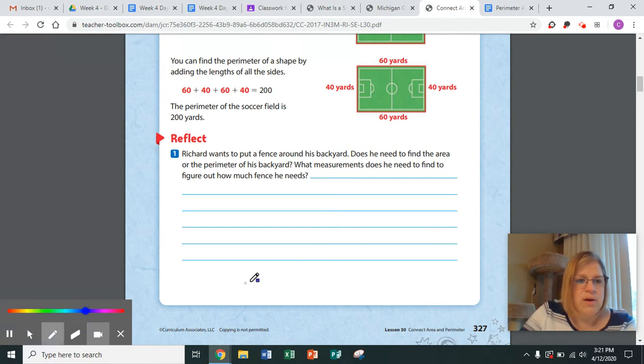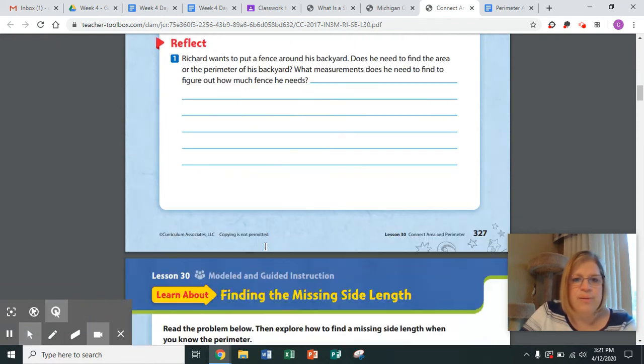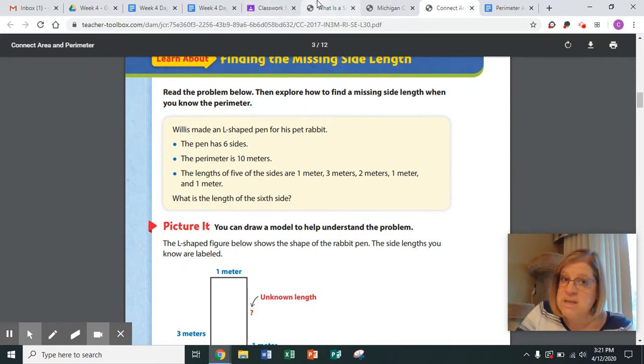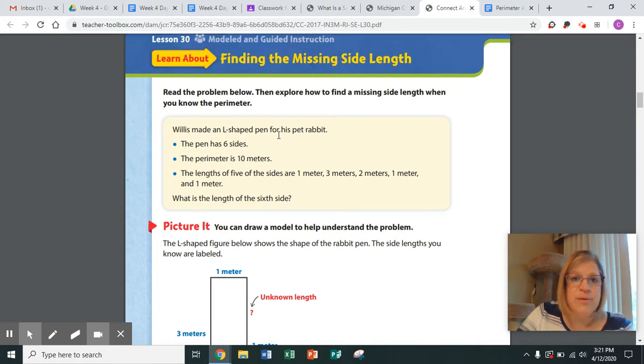Here we go. Arrow. Here we go. So on our anchor chart we looked at, it talked about finding a missing side. So that's what we're going to practice right now in our book. Here it is. Willis made an L-shaped pen for his pet rabbit. The rabbit has, let's look at our important information.